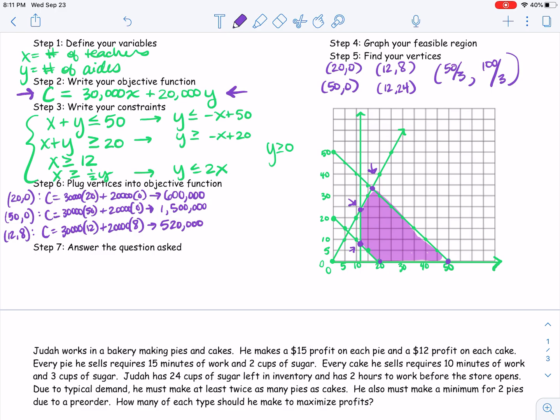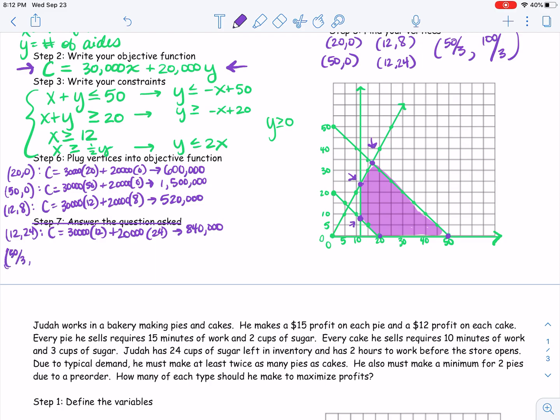I have 12 and 24. Okay, I'm going to take over this space right here. 12 and 24. My cost, $30,000 for 12 teachers plus $20,000 for 24 aides. That gets me $840,000.